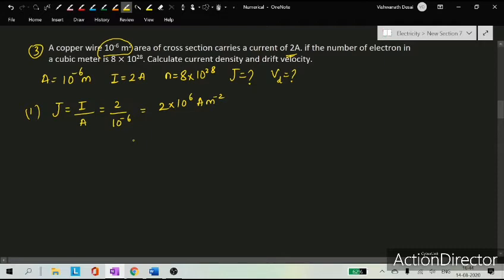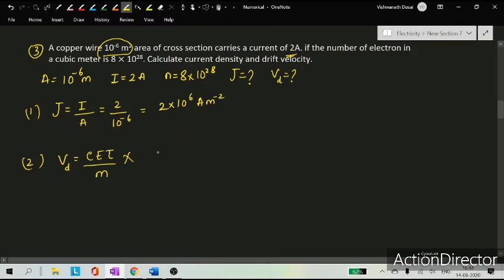Next one. What is the drift velocity? They are asking for the drift velocity. The drift velocity Vd is equal to, what is the formula? No need to use the formula E tau divided by m, because we don't know the value of the relaxation time and electric field.